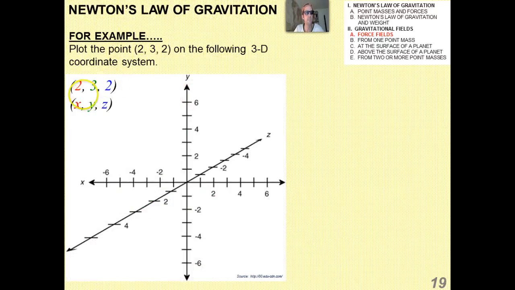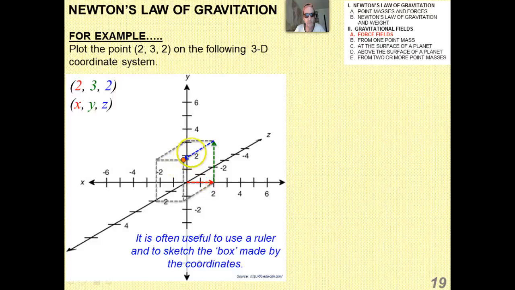For example, in 3D space, (2, 3, 2): 2 is x, 3 is y, and 2 is z. So to do this, you would go 2 on the x-axis, 3 on the y-axis, and 2 on the z-axis. Notice that this is coming out towards you, where negative z is into the board, and that is the point in question right there.